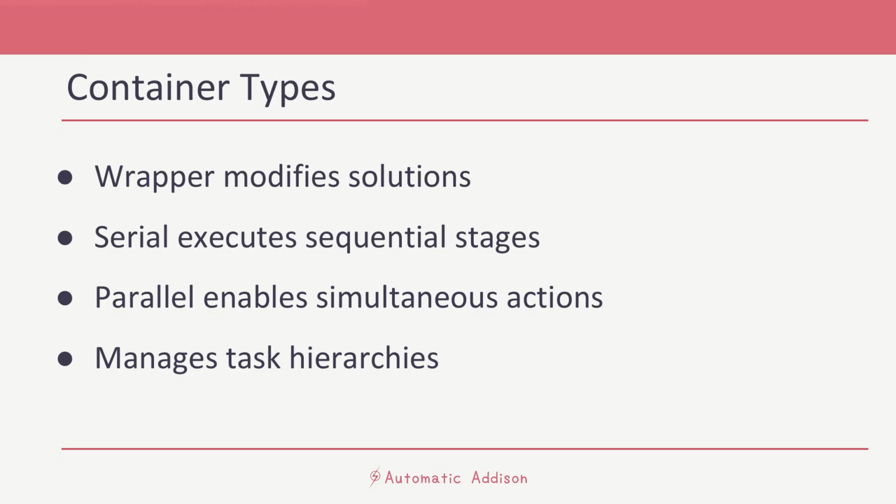This container is used to modify or filter the solutions of the stage it contains. The wrapper modifies how a single task is performed without changing the core action. So, for example, we could wrap a pose generator with an inverse kinematics solver.